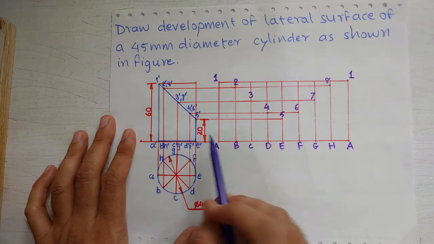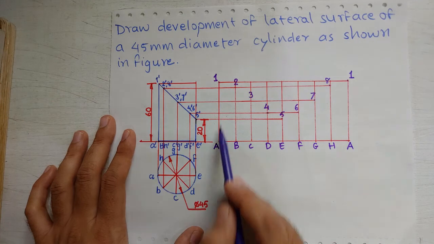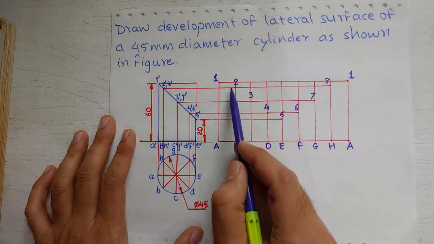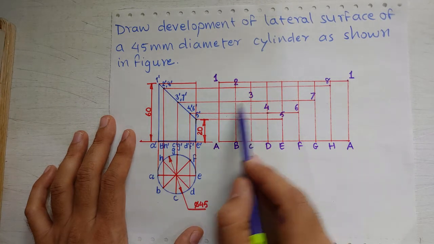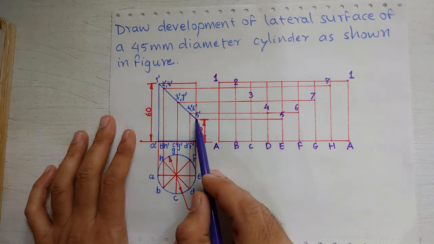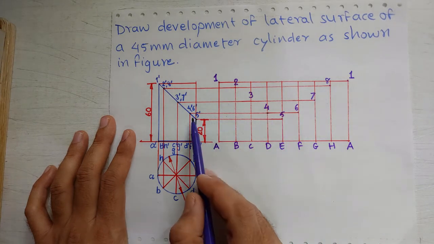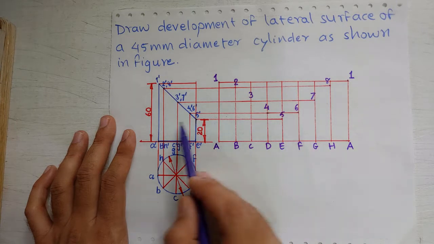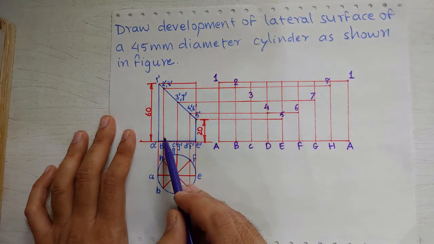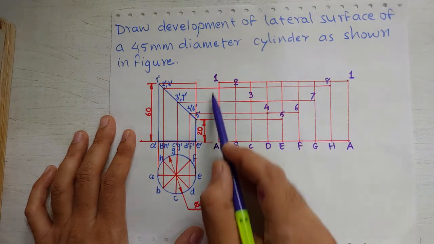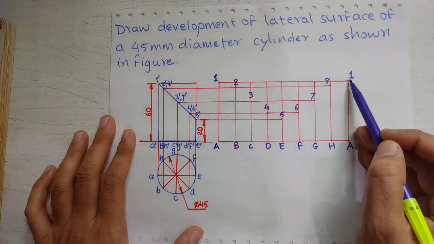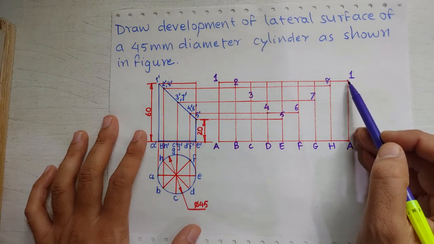Let me repeat: I have transferred point 1 to generator A, 2 to generator B, 3 to generator C, 4 to generator D, 5 to generator E, 6 to generator F, 7 to generator G, 8 to generator H, and again the last one is generator A, so that should be point number 1.